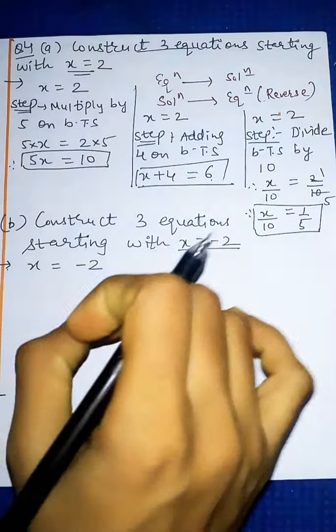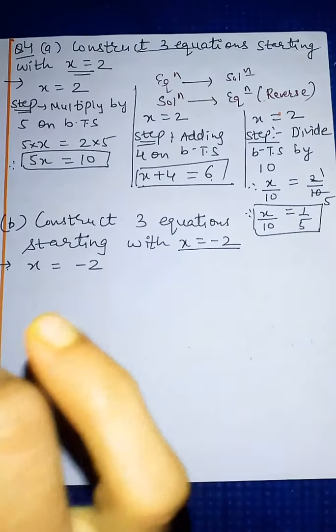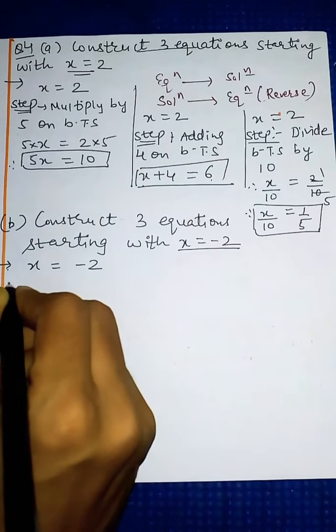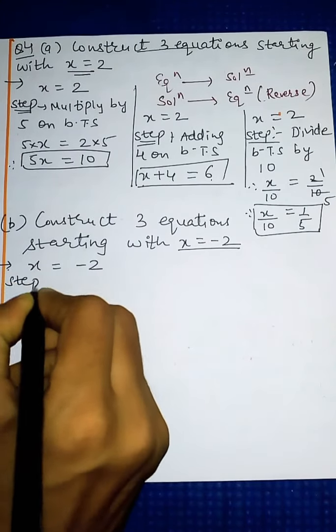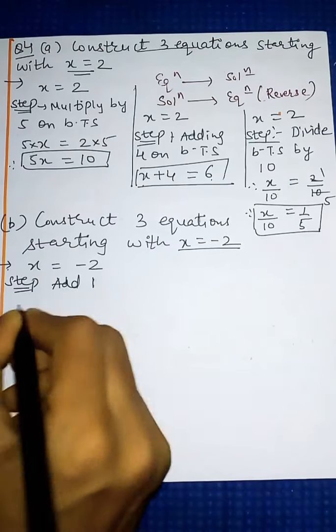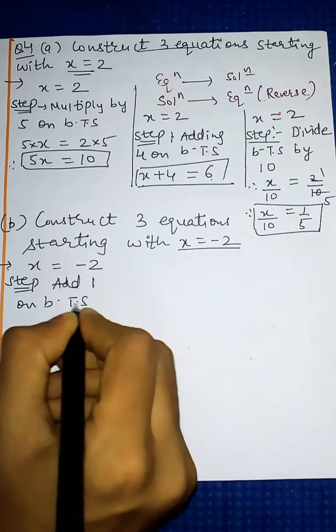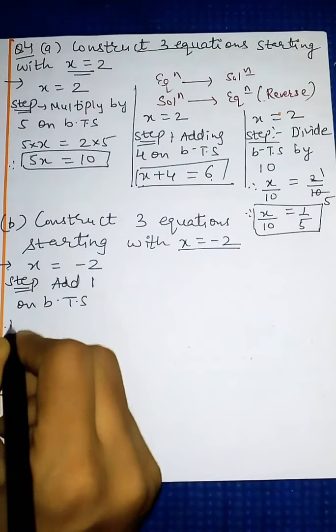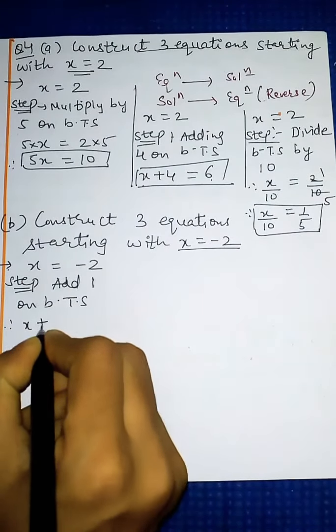So again, you can take whatever steps you like, but those steps you will do on both the sides. So here, now I'm taking the step of adding 1 on both the sides. So this side x was there, it will be x plus 1.